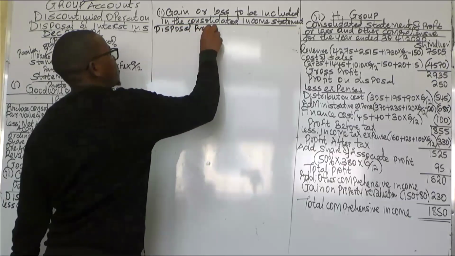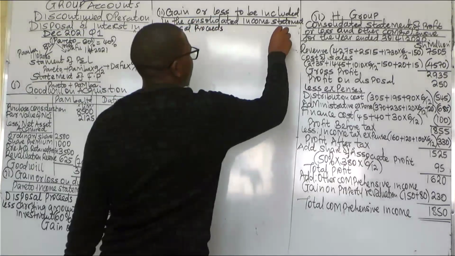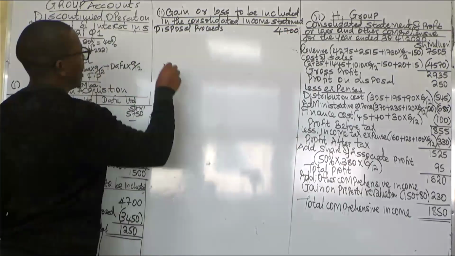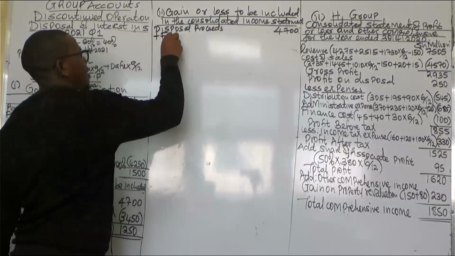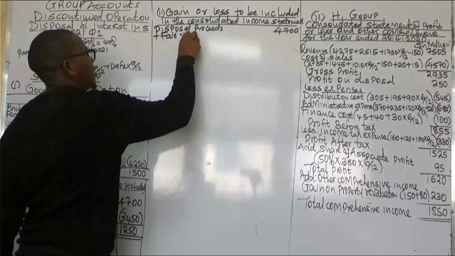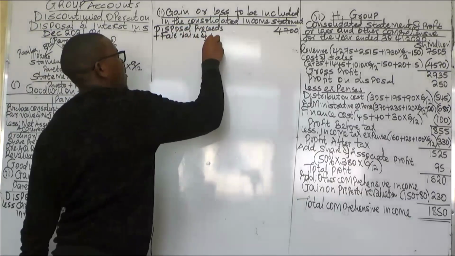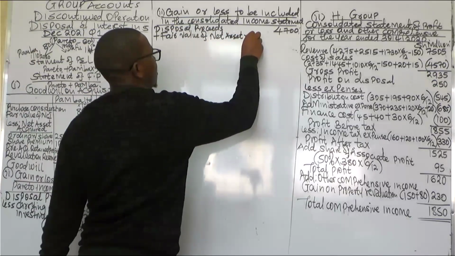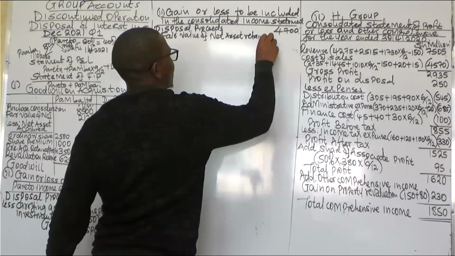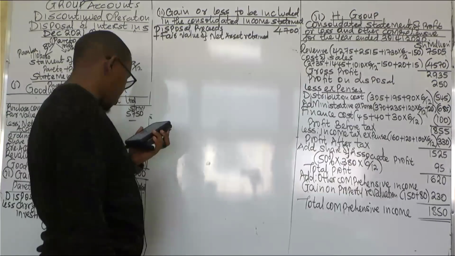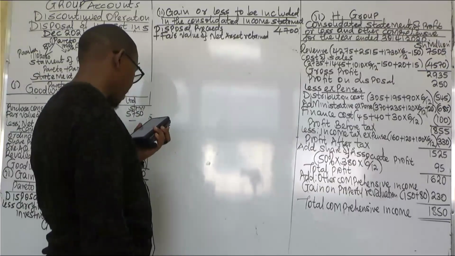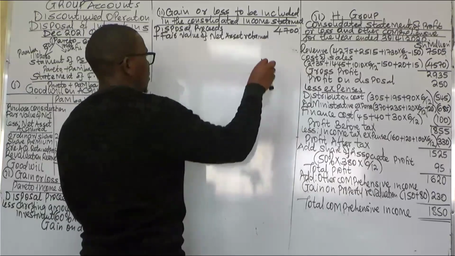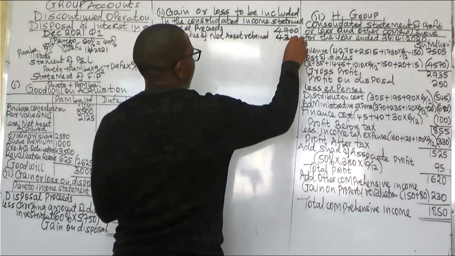The disposal proceeds were 4,700. We'll add the fair value of net assets retained. How much was retained? We were told in additional information number 4 that the fair value of the remaining 40% was how much? 4,300.